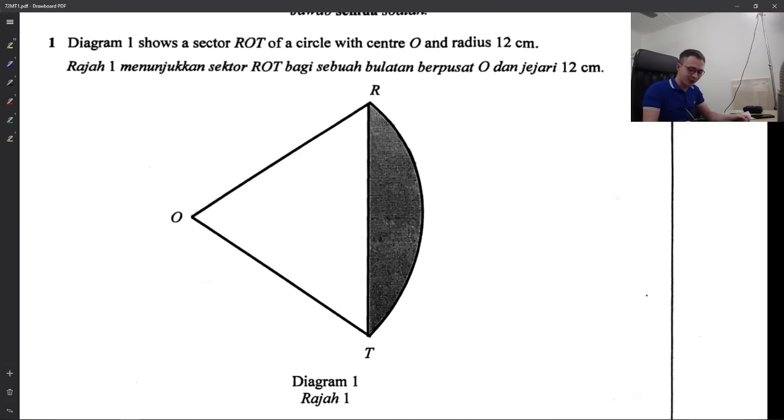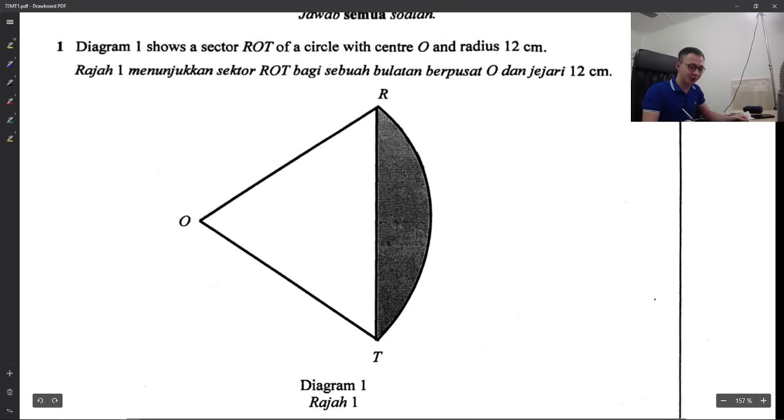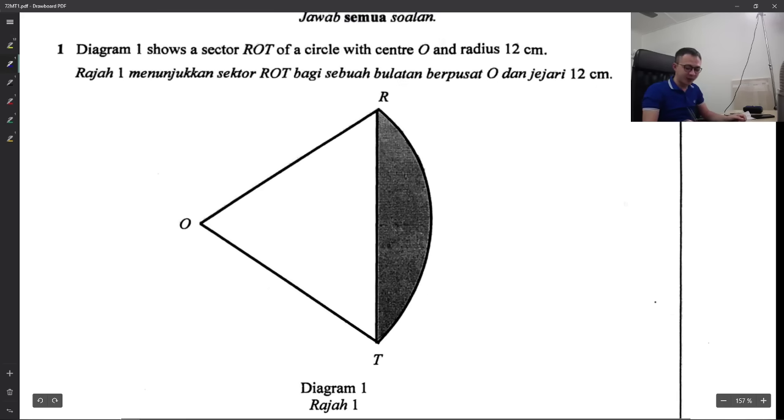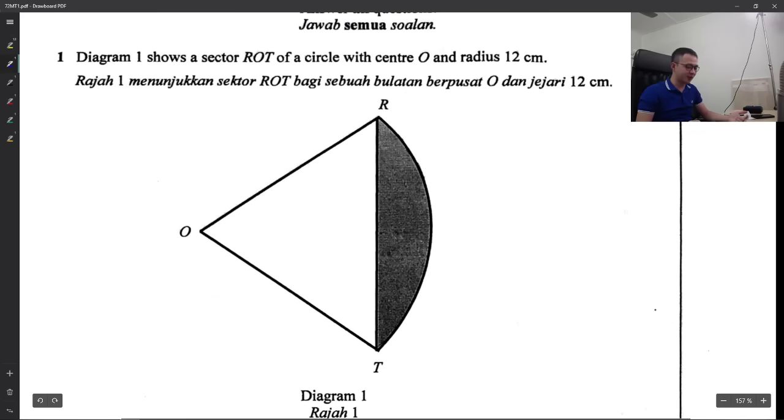Okay, so for these questions, let me just have my pen here. I will make sure I can write. Okay, good. For this one, you will see a sector, and the question tells you the radius is 12. So I know the radius is 12 here.